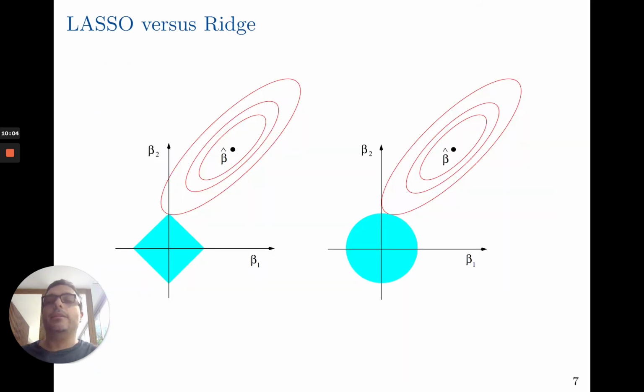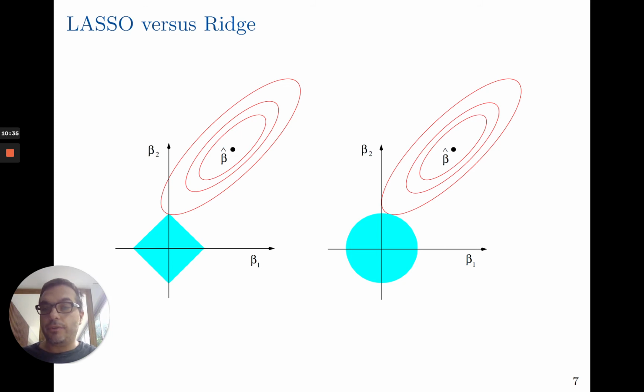So that's the classical picture. You saw it before. That basically shows that the lasso program will deliver sparse solutions, like zero estimates, and ridge on the contrary will not. And what we are showing here is exactly both programs, the ridge and the lasso, in terms of their constrained version.